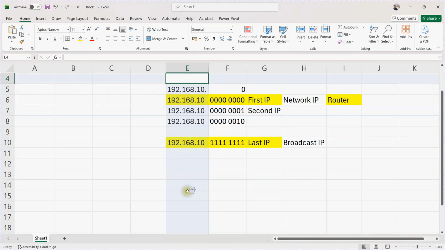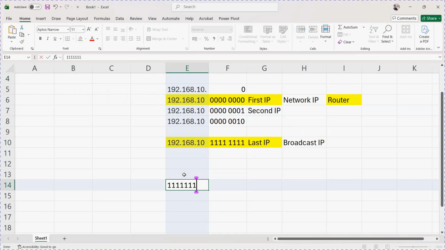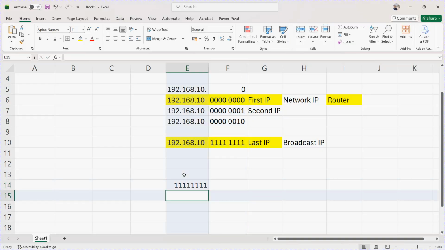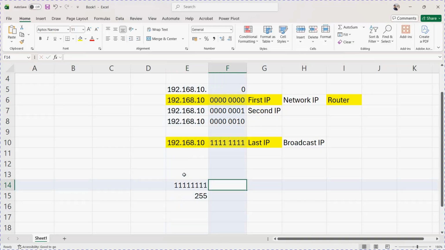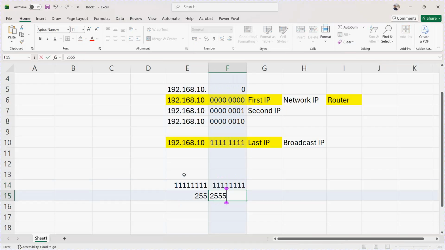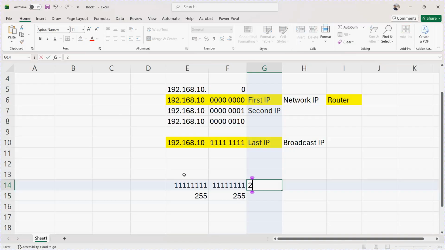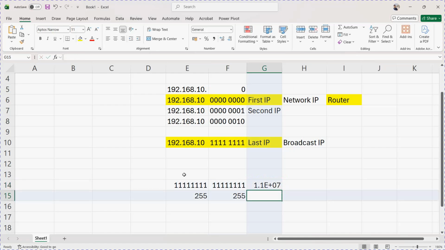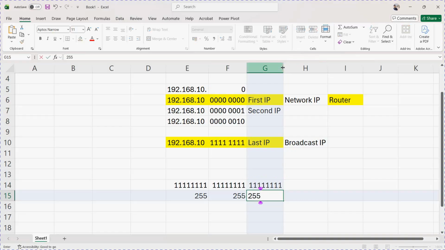Here you see your subnet mask: 1 2 3 4 5 6 7 8, so this is 255. Next one, 1 2 3 4 5 6 7 8, this is 255.